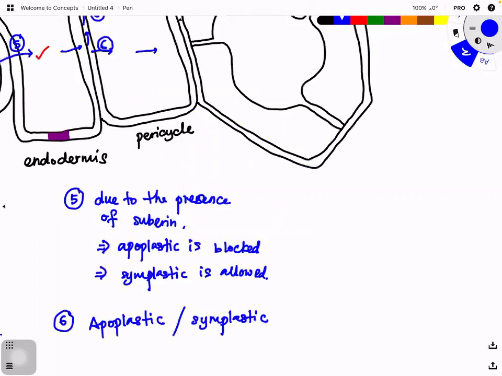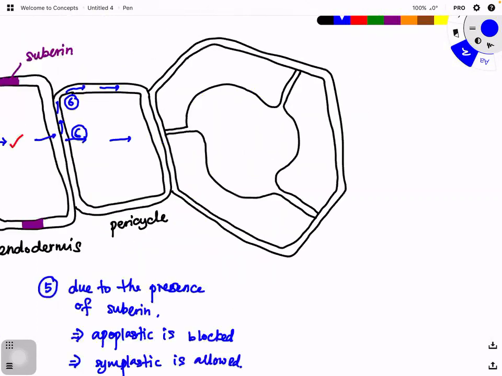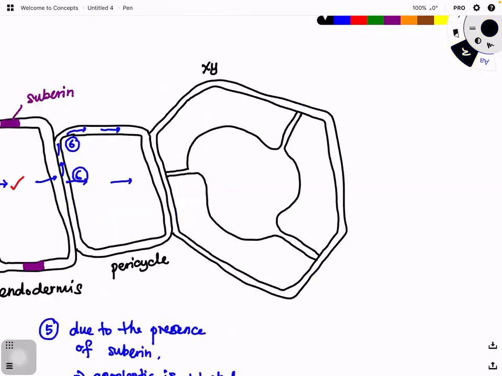Okay, but for this water molecule to enter into this xylem vessel element, they have to pass through the pits. So number 7, very important.